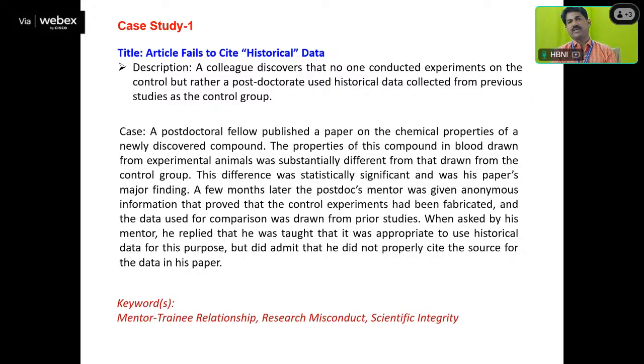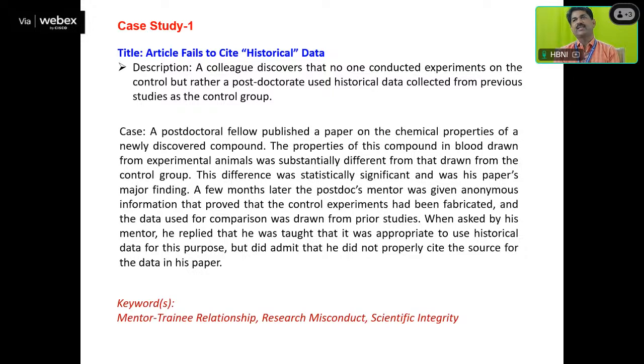So what happened? The research fellow had been told that whenever you are doing experiments, you can use previous data. So he used control data which had already been carried out earlier. He had not carried out the control experiments himself, but he used that data, compared it with his experimental data, and found that the two were statistically completely different in nature.